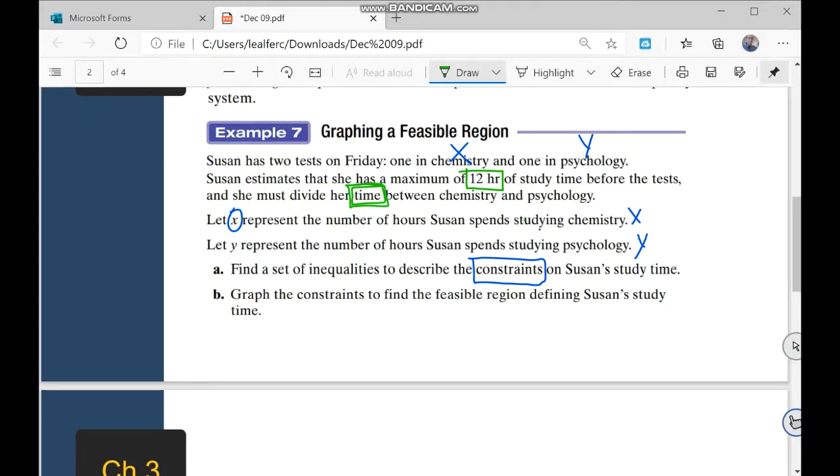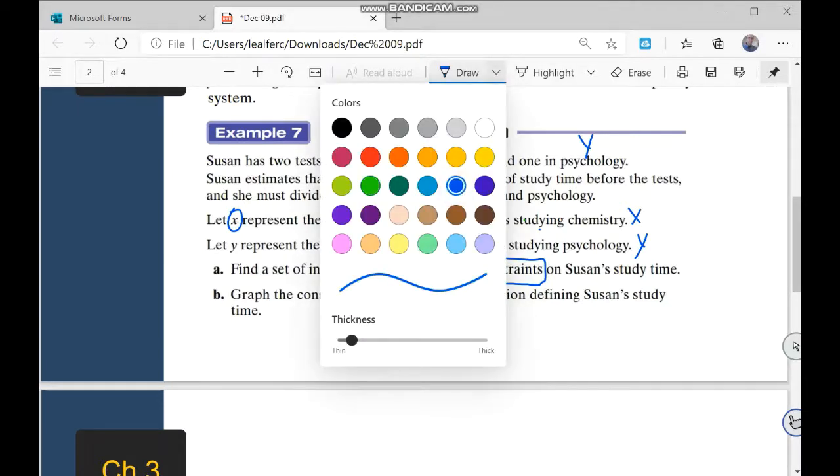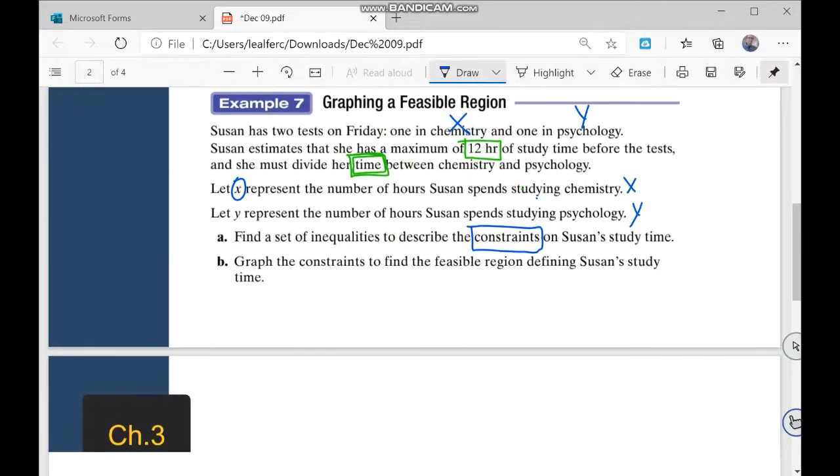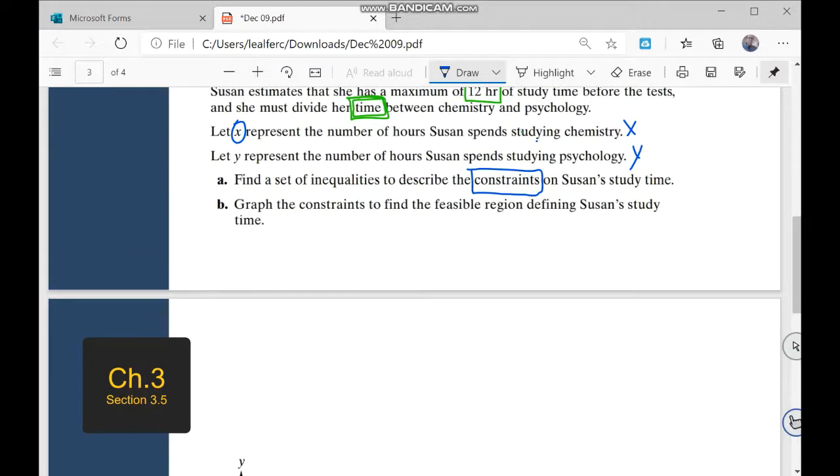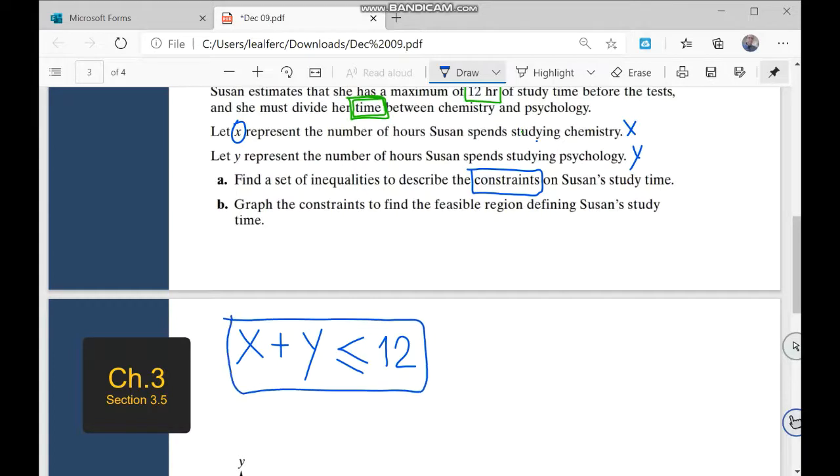Susan has a maximum of 12 hours to study both subjects. So writing down the limitation that she has, the first constraint is going to be the number of hours she studies chemistry plus the number of hours she studies psychology is less than or equal to 12. 12 is the maximum number. The maximum amount is 12.